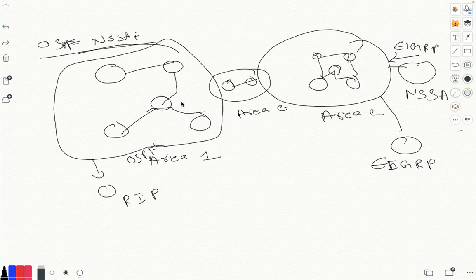In OSPF, all areas must be connected to a backbone area. If the backbone is not continuous, you can establish a virtual link.